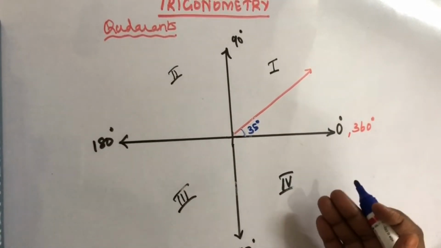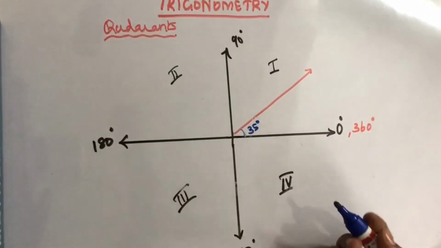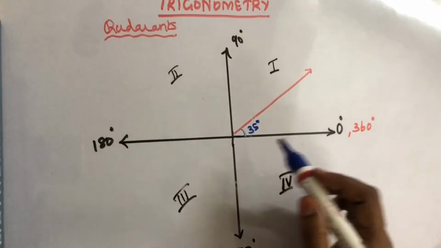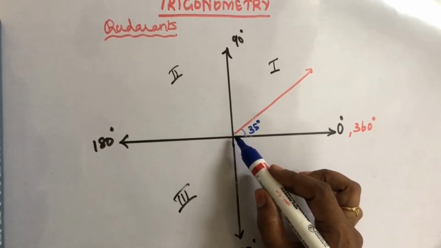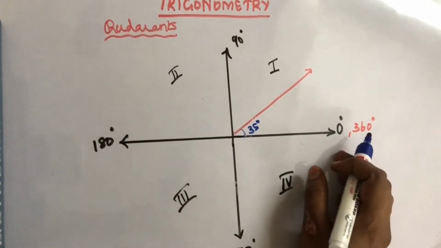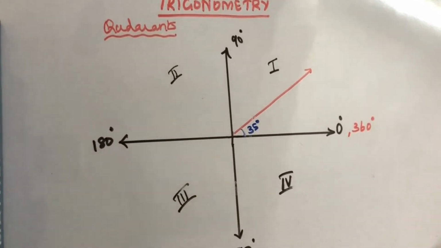Any angle you can draw, but if the initial side of the angle lies along the positive x-axis, we can tell that the angle is in standard position.